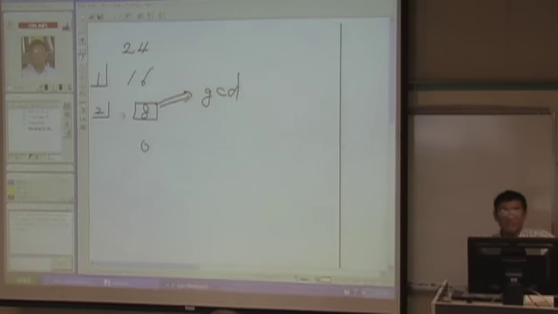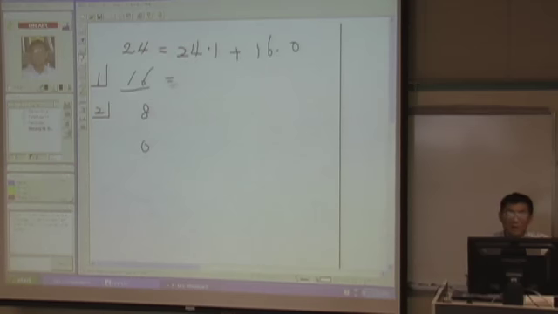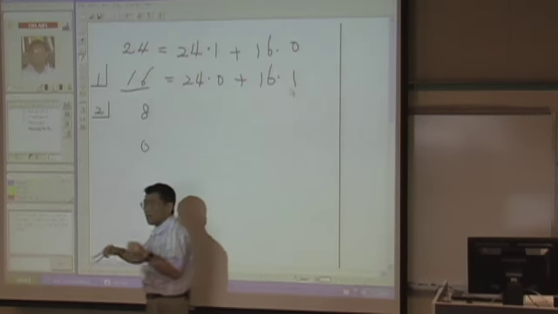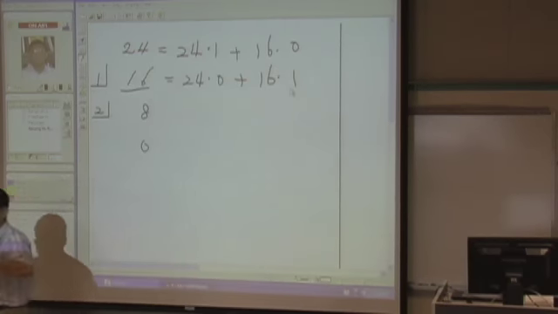Then, instead of just using it for the GCD evaluation or calculation, we can use some simple idea using equality, right? So take a look. We have 24 equals 24 times 1 plus the other number, 16 times 0, or 24 times 0 plus 16 times 1. Then we can add equalities, we can multiply any number to a certain equality, we can subtract, all sorts of things are possible, right?